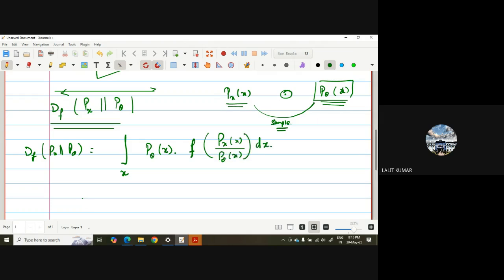So this is the one divergence metric we have to find. So the objective is to find the argmin over theta which minimizes this D f of px and p theta. Is this clear with everybody till here?